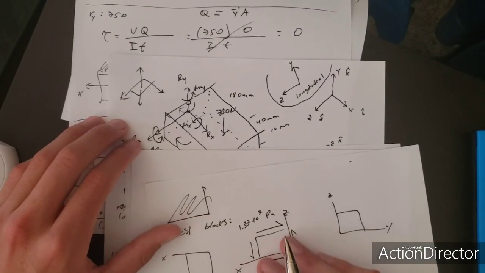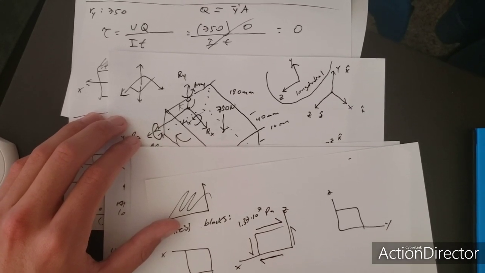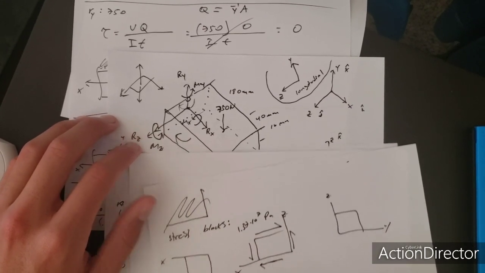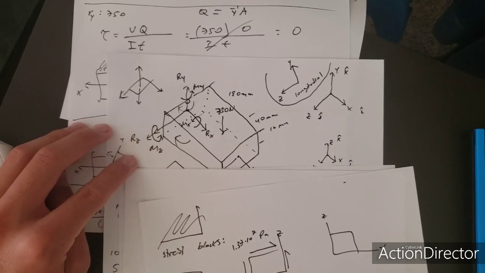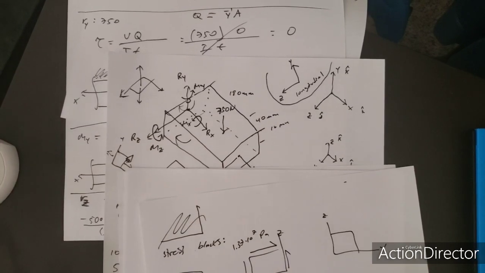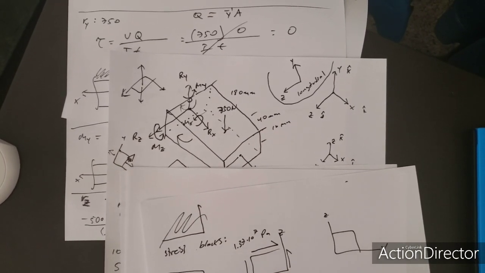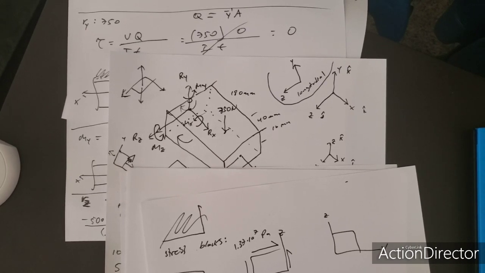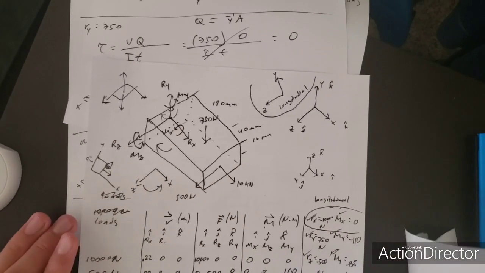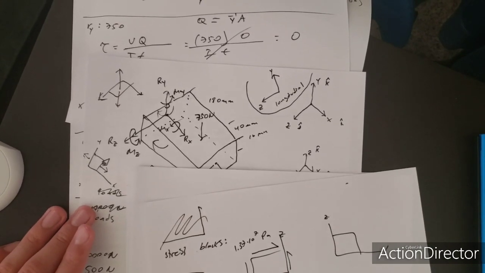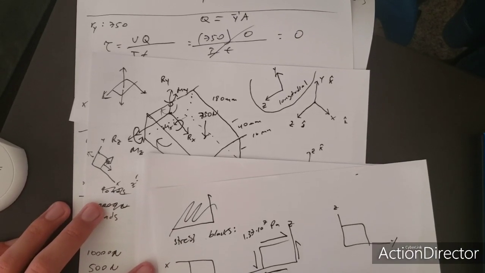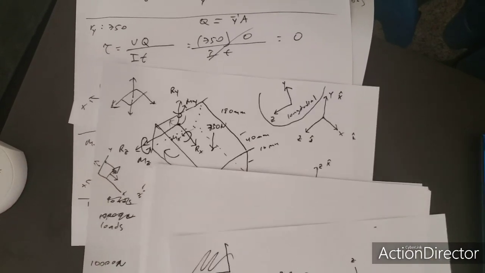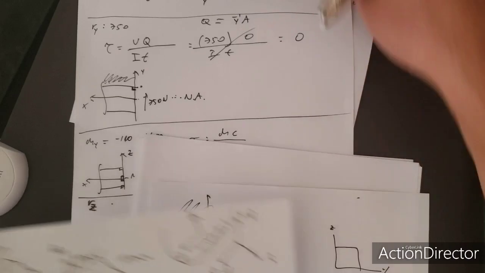And like I said, what we found earlier, it's acting about the zx. Just one second. Okay, it looks like this one, and we found that earlier from the other planes.